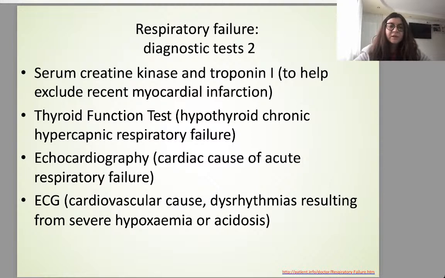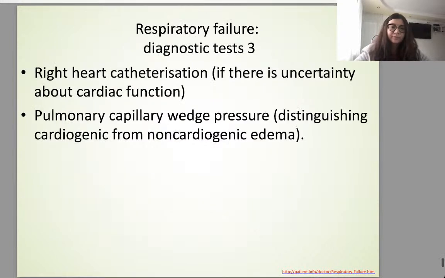Echocardiography for the cardiac cause of acute respiratory failure, and performing ECG for cardiovascular causes, dysrhythmias resulting from severe hypoxemia or acidosis. Right heart catheterization if there is uncertainty about cardiac function. Pulmonary capillary wedge pressure distinguishes cardiogenic from non-cardiogenic edema.